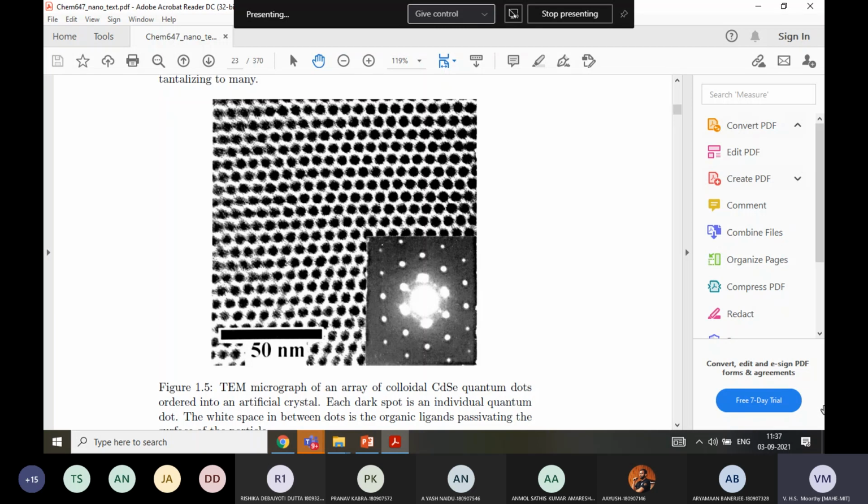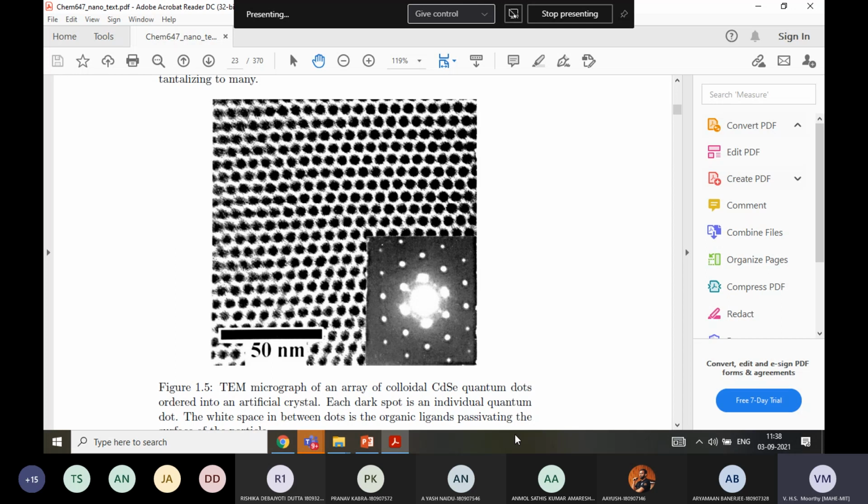Any type of wave will diffract, will interfere, will polarize. These are fundamental properties of waves, whether an electron wave, an optical wave or a matter wave. I hope you understand what is meant by matter wave. All these waves will have these three properties. So by utilizing electron wave to understand the crystal structure of this type of material, we can have electron diffraction.